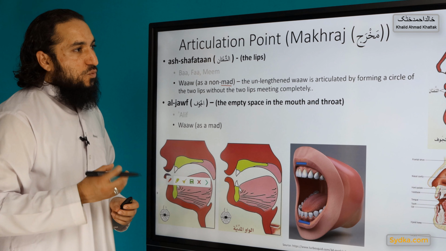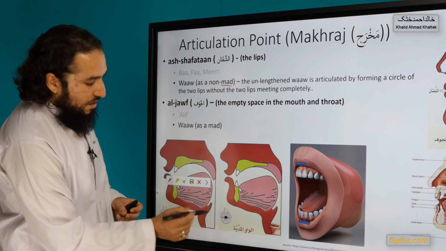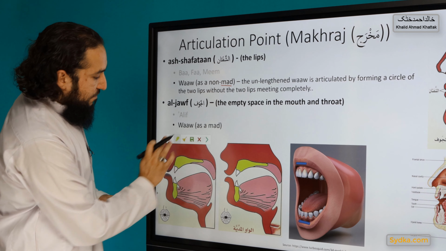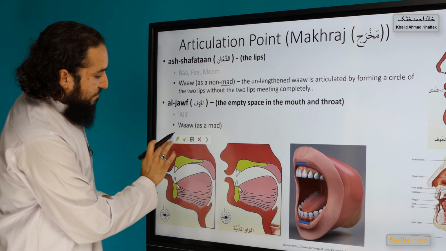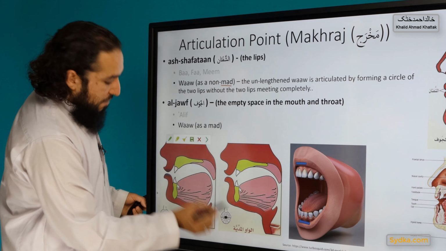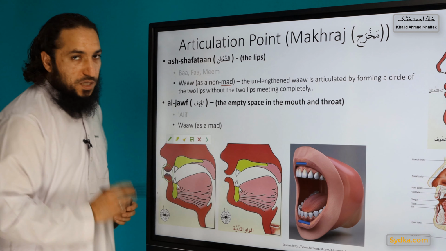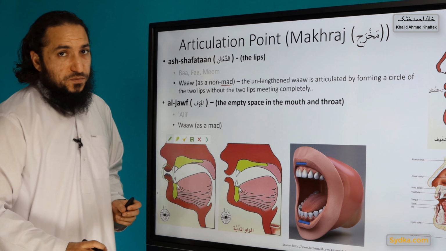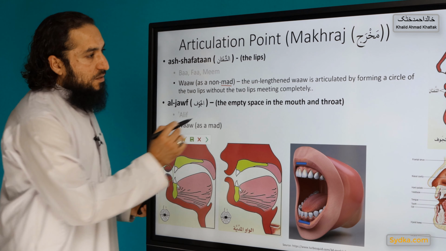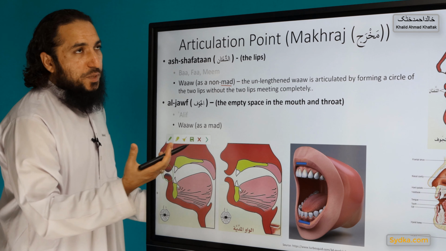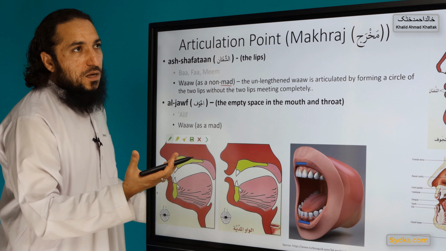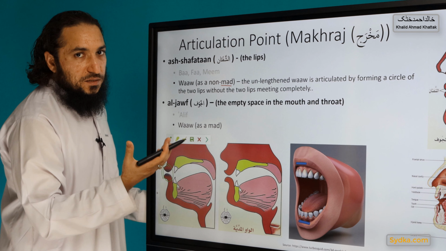So if you see here, that's Waaw. The main force is on the lips, and nothing else is involved. And the sound will be Aw, and that's when it is a consonant.